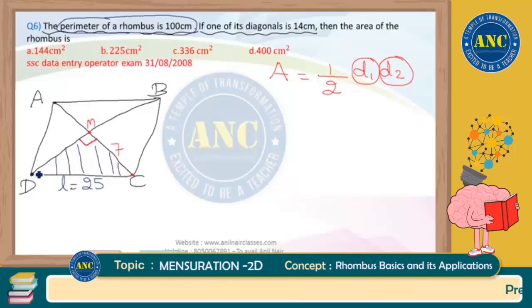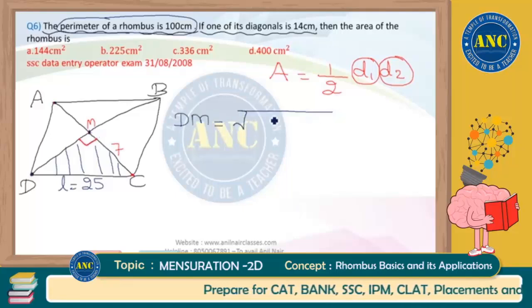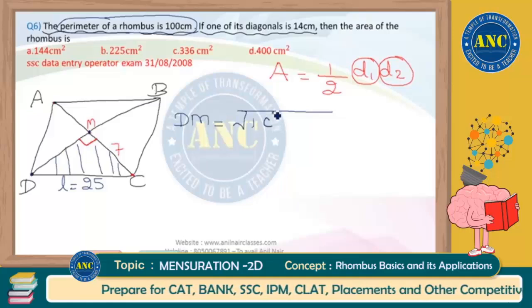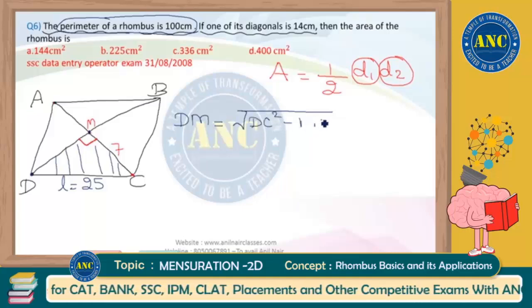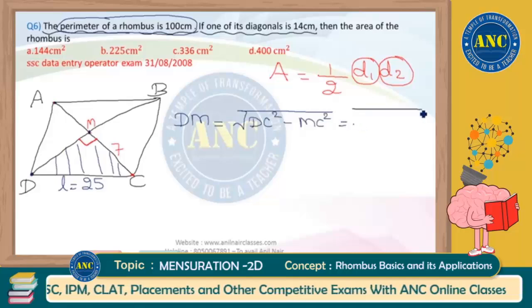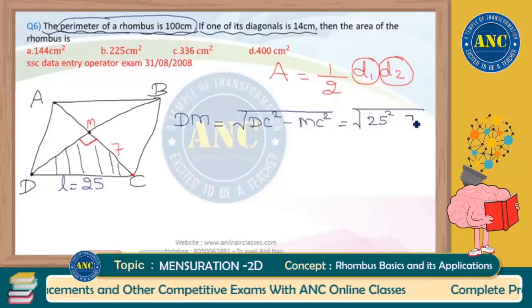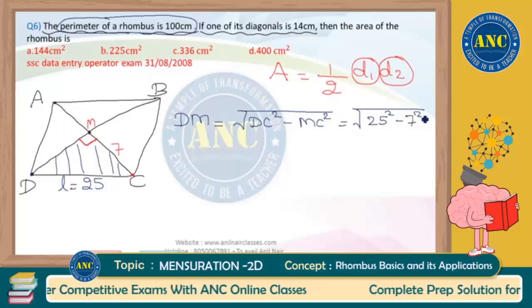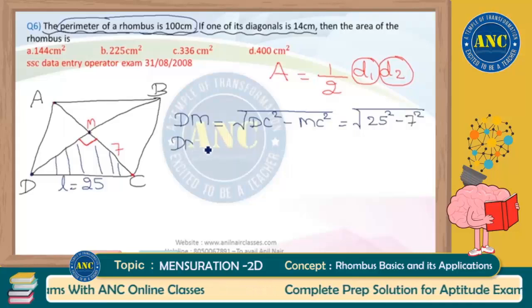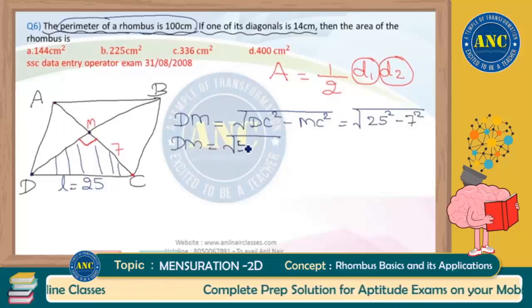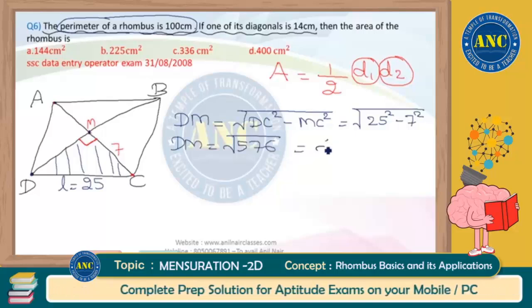DM is calculated from the Pythagoras theorem: DC square minus MC square. It is 25 square minus 7 square. It is 625 minus 49. It is square root of 576. Square root of 576 is 24.